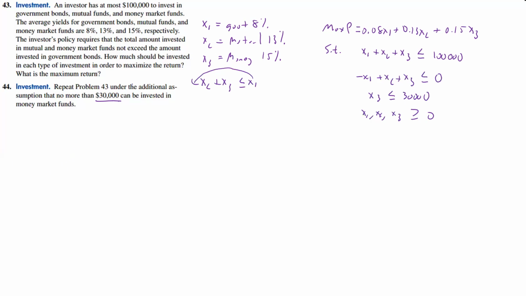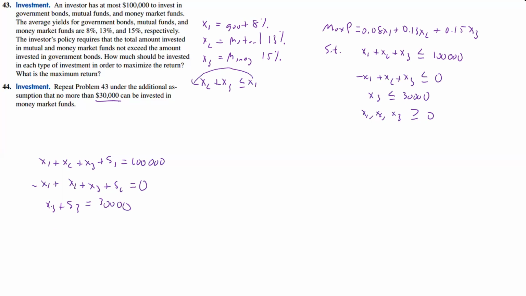So with this one, we're going to have x1 plus x2 plus x3 plus s1 equal to 100,000. This one, minus x1 plus x2 plus x3 plus s2 equals 0. And then we have x3 plus s3 equal to 30,000.